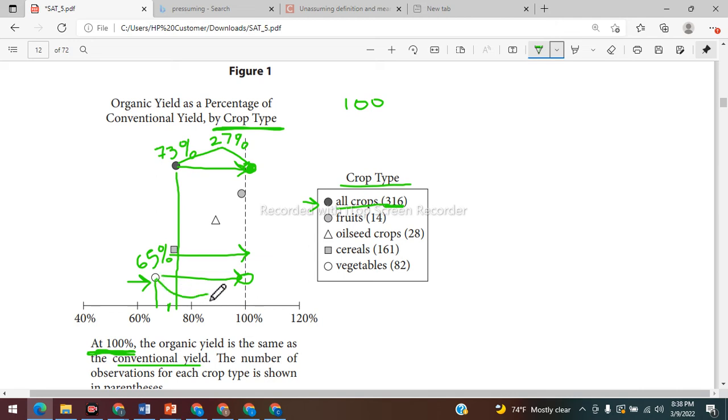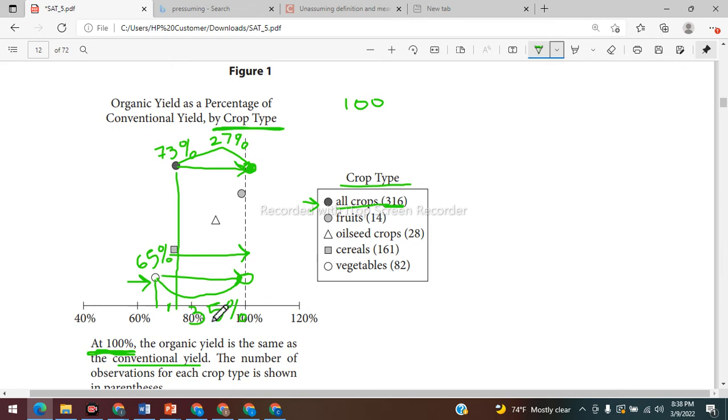Like the organic one, what is 100 minus 65? That's 35% more. So we had like a 35% more yield for the conventional vegetables, the one that they use fertilizers for, as compared to the organic.